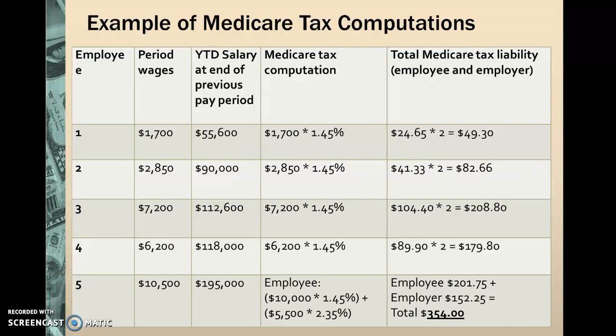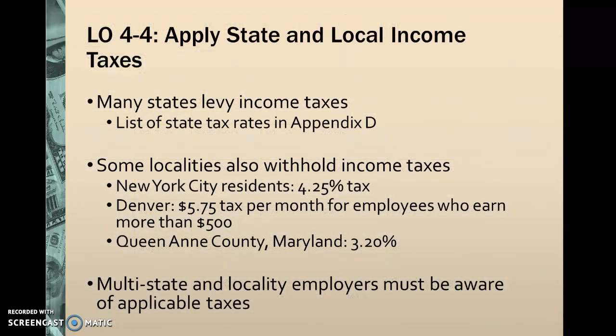Now, learning objective number 4 does cover state and local income taxes. Many states levy income taxes, and the list of states is located in Appendix D in your book. And some local cities and states, okay, Appendix B starts on page 316 in your book. Some localities also withhold income taxes.